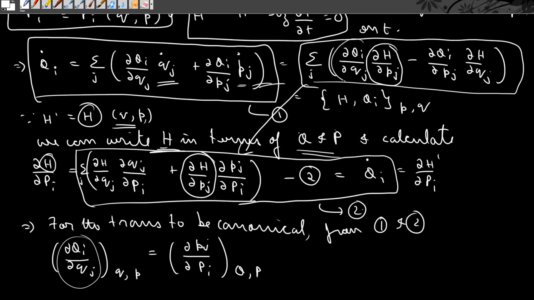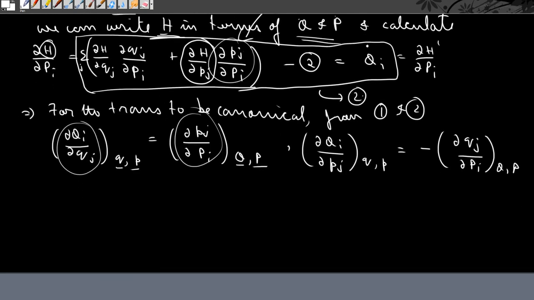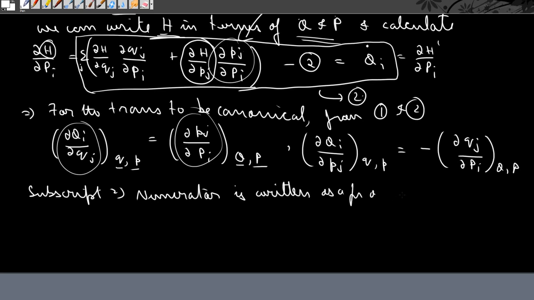What these subscripts emphasize is the fact that our numerator is written as a function of small q and p, whereas here our numerator is written as a function of capital Q and P. Similarly, we get dou qi by dou pj, where qi is represented in terms of the old coordinates, equal to minus dou qj by dou pi with subscripts qp. So the subscript implies the numerator is written as a function of those subscripts.